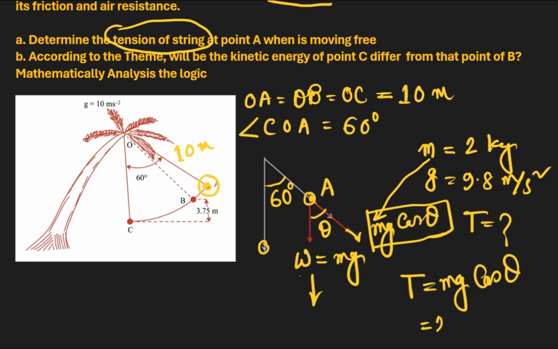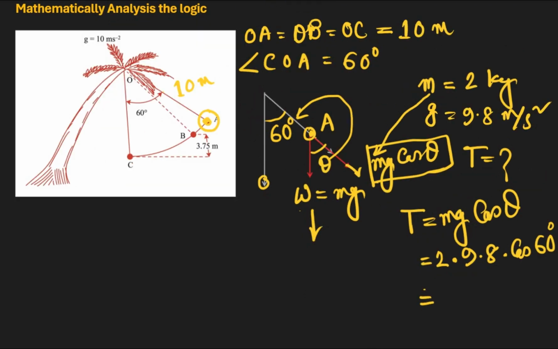Here m is 2, g is 9.8, and theta is 60 degrees, so we plug in 60 here. So the tension of the string is 9.8 Newton, during its traveling from A to B, B to C.